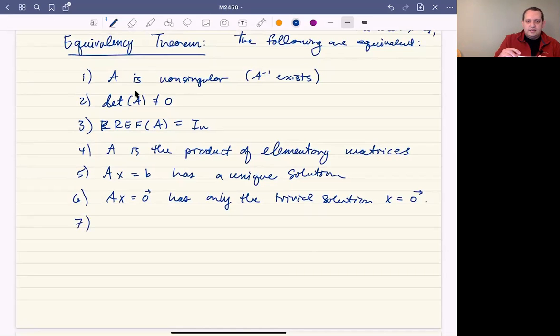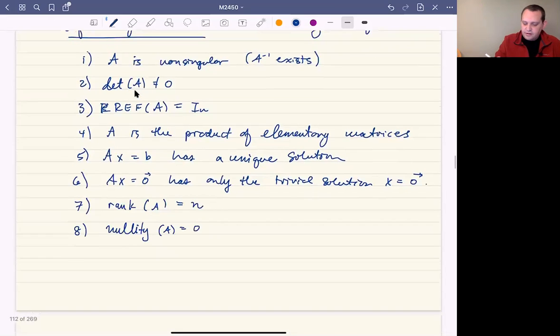A is non-singular. In other words, A inverse exists if and only if the determinant of A is non-zero, if and only if everything else. The reduced row echelon form of A is the identity. This is equivalent, by what we saw up above, to saying that the rank of A is n, or that's also equivalent to saying that the nullity of A is 0.